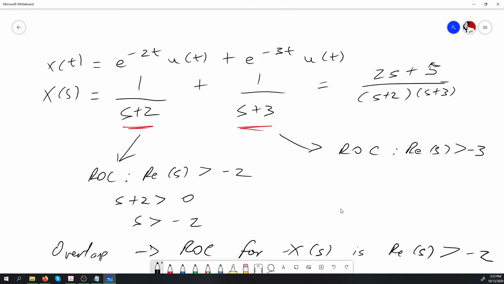And if we watch the numerator here, this is going to be s equal to minus 5 divided by 2. And that will basically be the value of the 0, because numerator roots are zeros, denominator roots are poles.